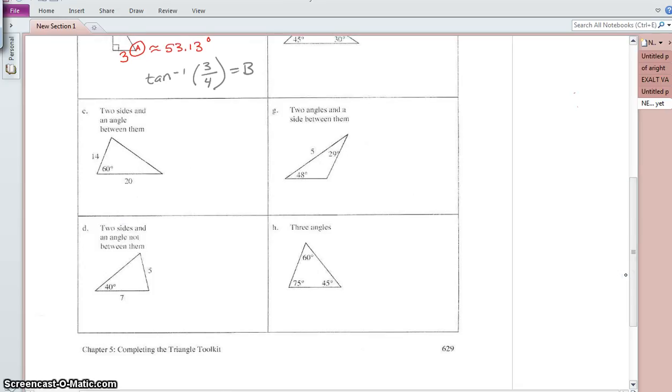So triangle C is interesting. It's got a 60-degree angle in it.